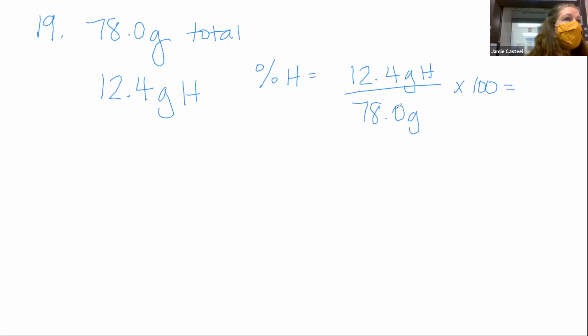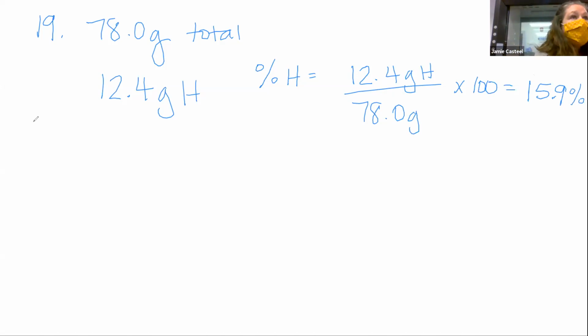Calculators up. 12.4 divided by 78.0 times 100. And guys, look, we're multiplying and dividing, so we're going by 3 significant figures here. 15.89, so I'm just going to put 15.9. Agree, disagree? Awesome. Okay.